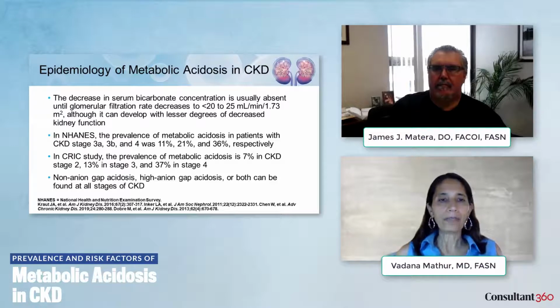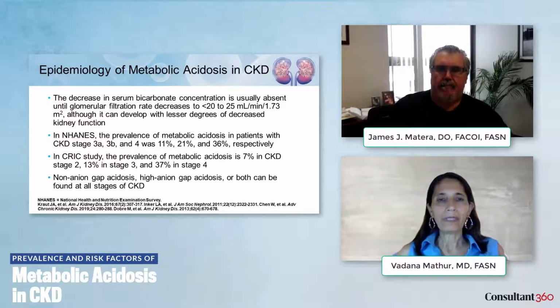If we look at big databases like NHANES and the CRIC study, we see that the prevalence of metabolic acidosis goes up with progressive CKD, starting at stage 3A to 4: 11%, 21%, 36%. And in the CRIC study, similar numbers. And this is again defined by serum bicarbonate.